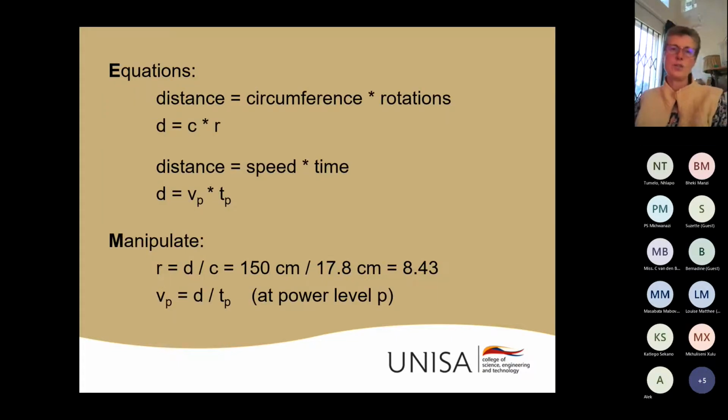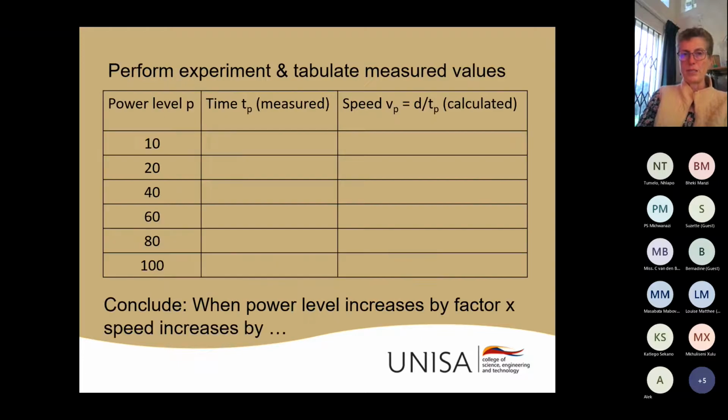Now we do the equations. Distance is circumference times rotations, and distance is speed times time. There we've got two equations already, and luckily we can manipulate them, so the number of rotations for 150 seconds should be 8.43, and we can calculate the speed or velocity as distance over time for each power setting.